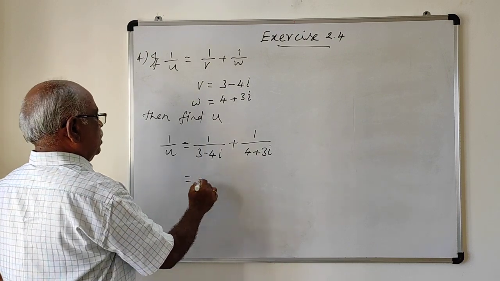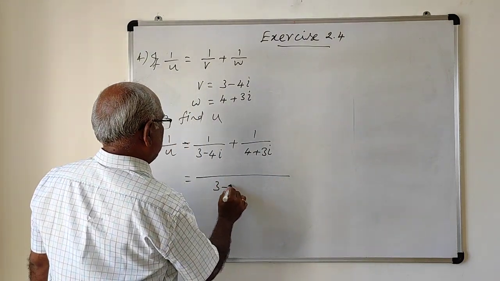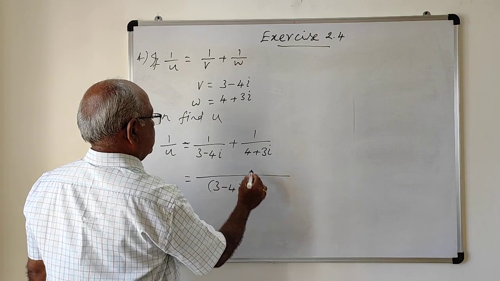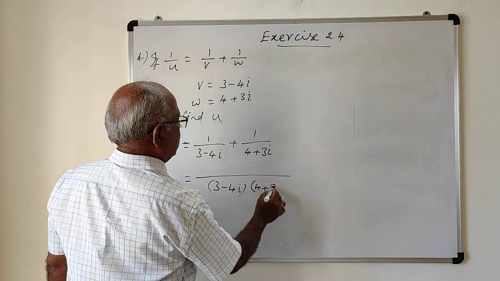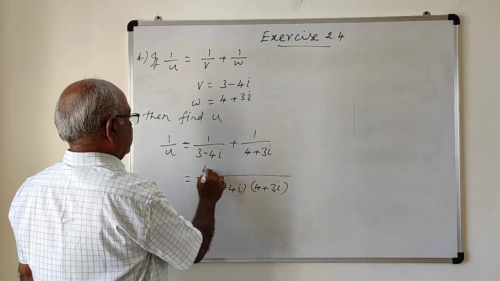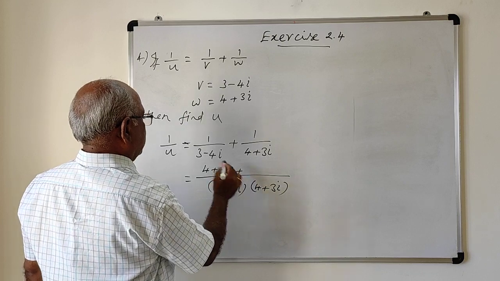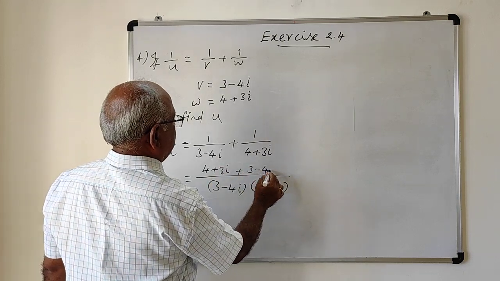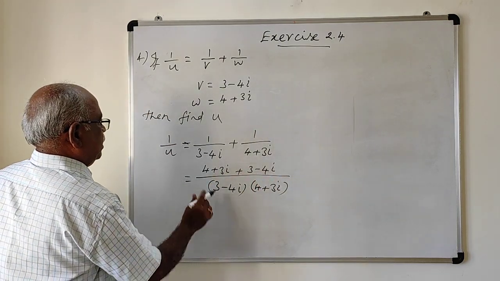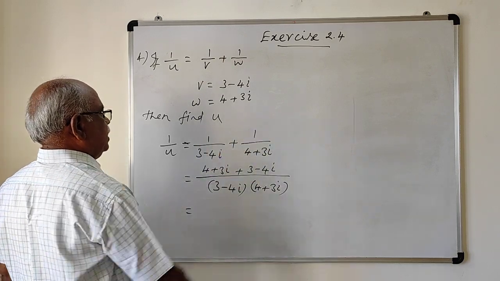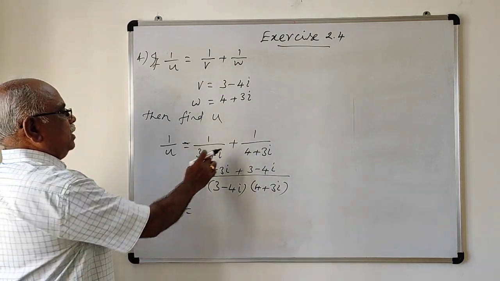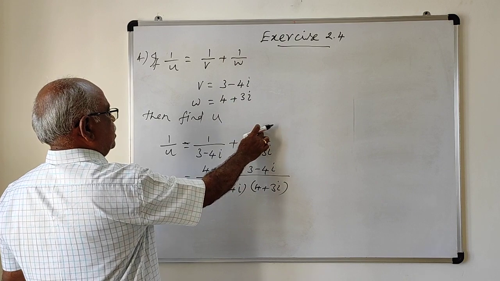Now by taking LCM, (3 minus 4i) into (4 plus 3i), that is (4 plus 3i) plus (3 minus 4i) in the numerator.